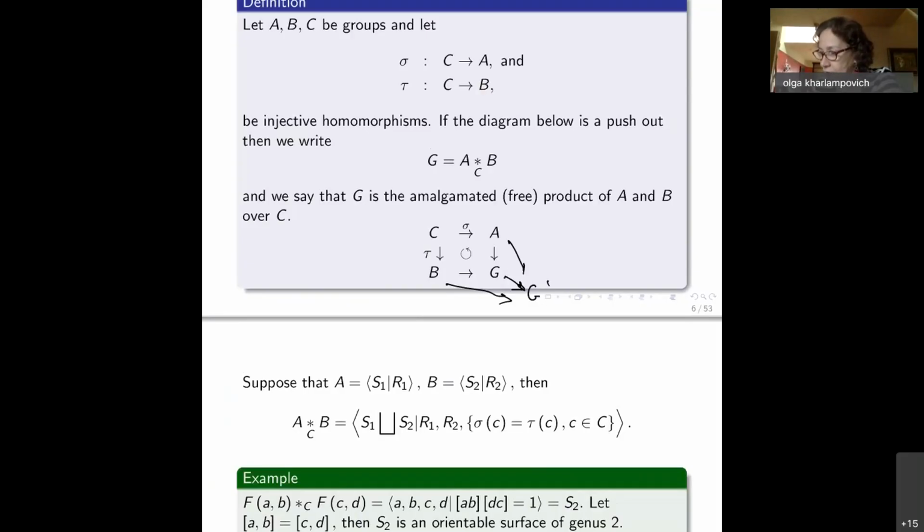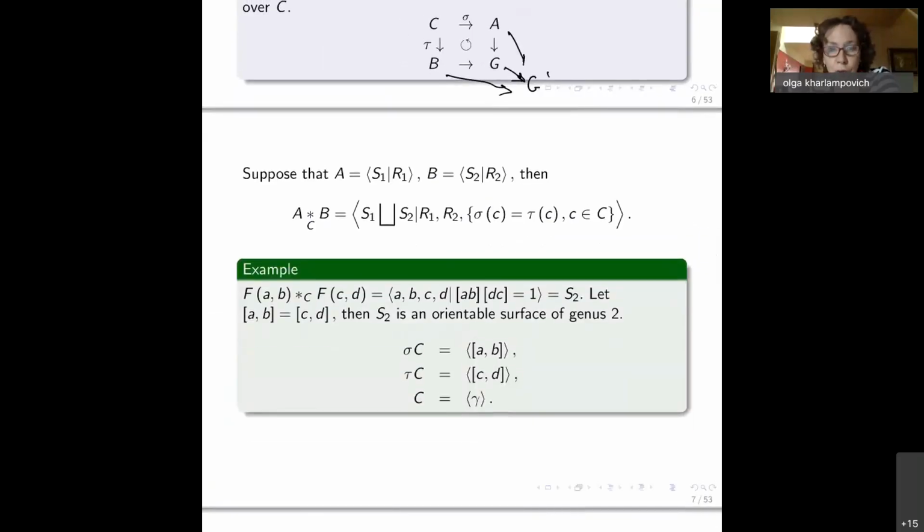some other consideration. So for example, let's talk about surface groups. Let's take a free product with amalgamation of two free groups.